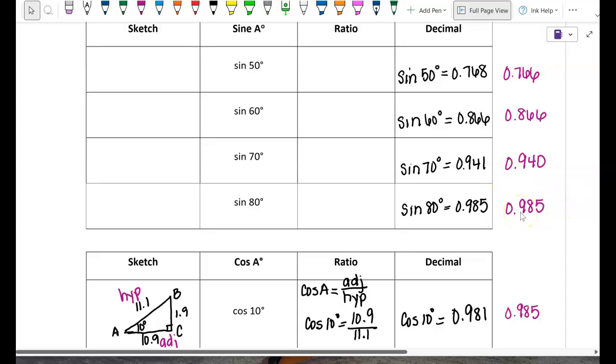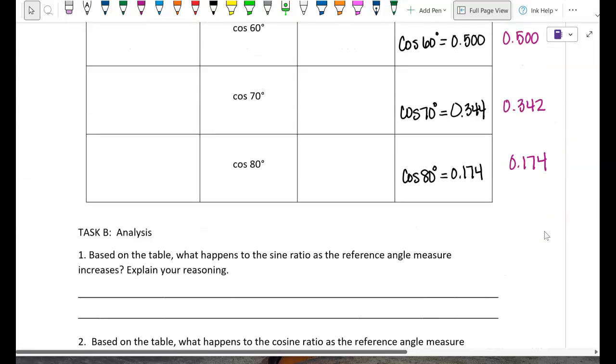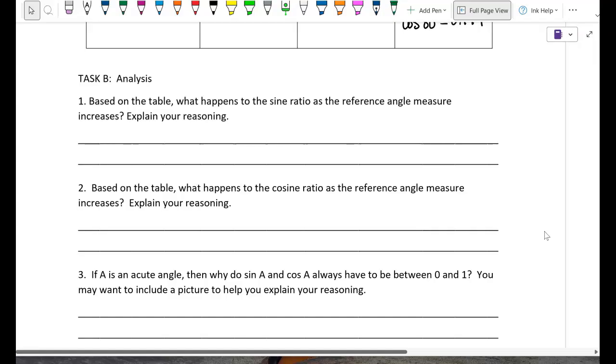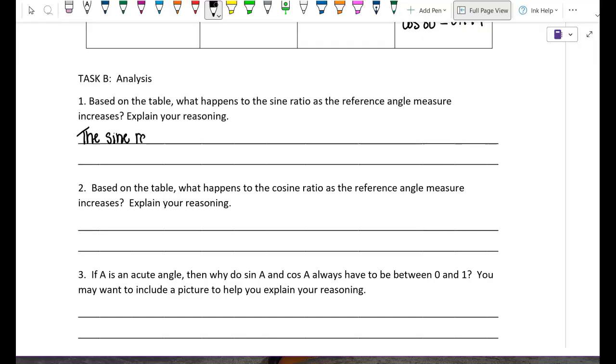So as the angle measure increased, what happened to the sine ratio? It increased. So the sine ratio is increasing as the measure of the reference angle increases.